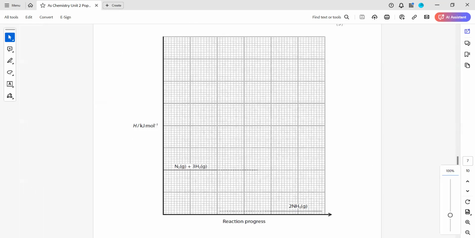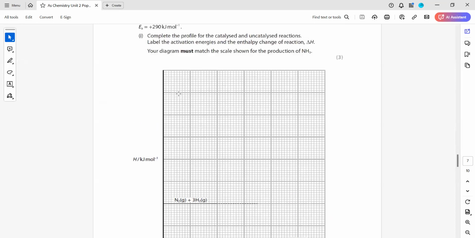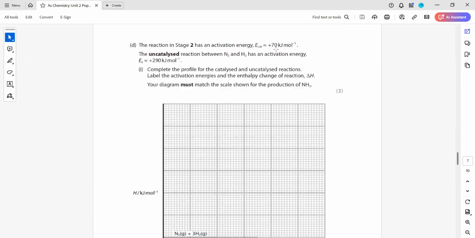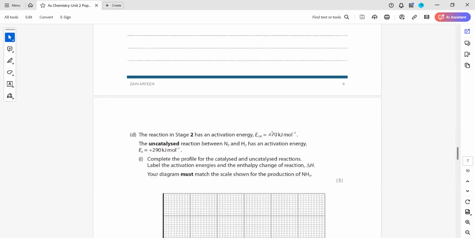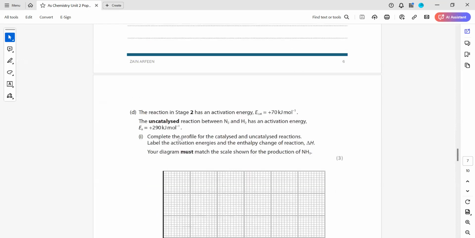So first we have to label this scale, like the x-axis. The stage 2 reaction has an activation energy with a catalyst of 70, and uncatalyzed is 290.